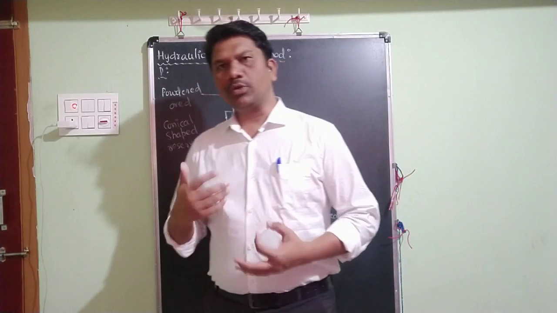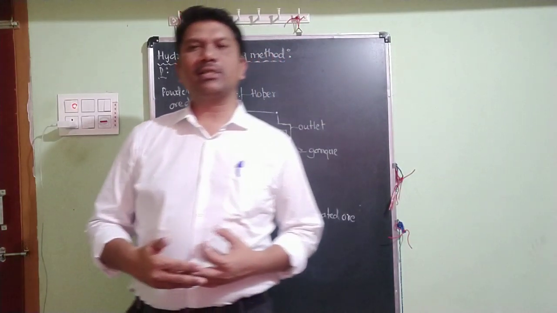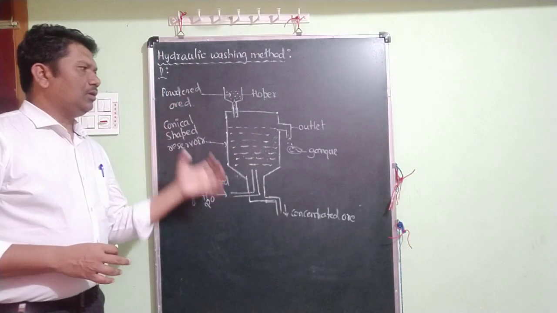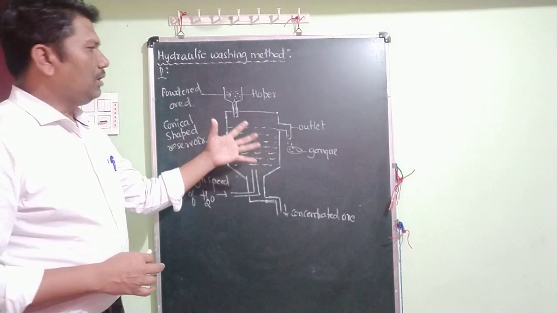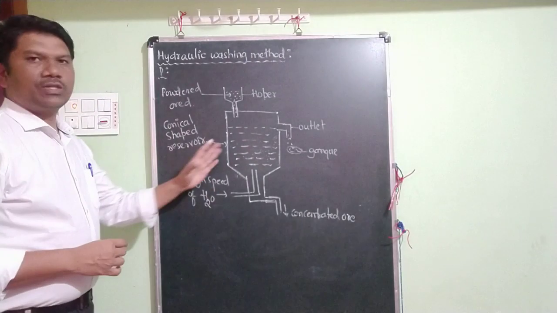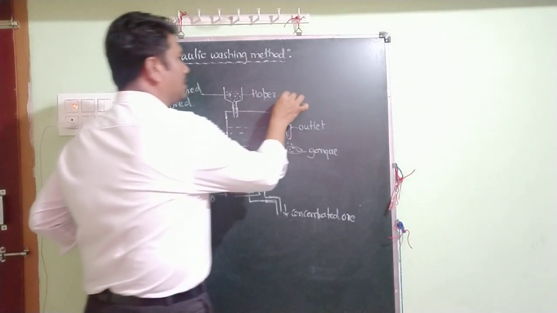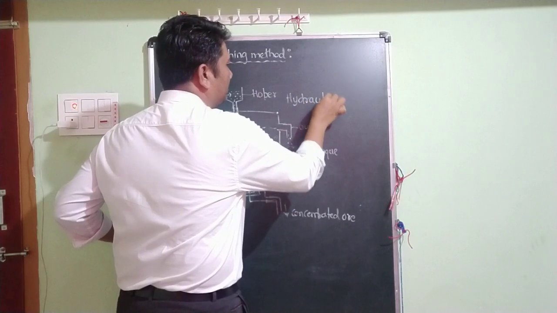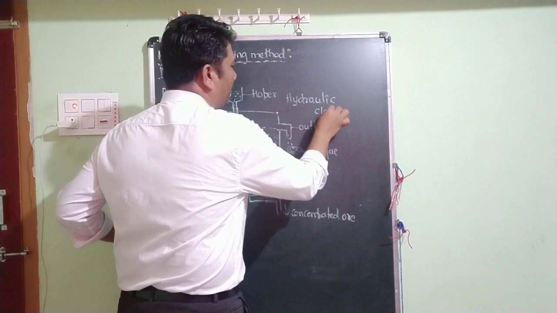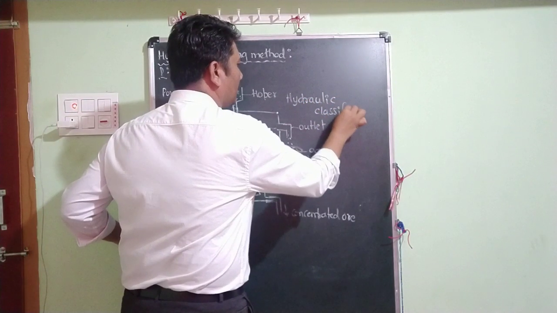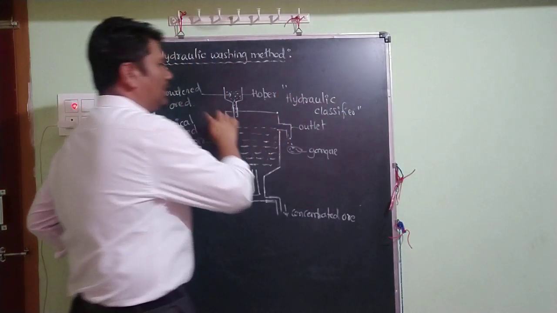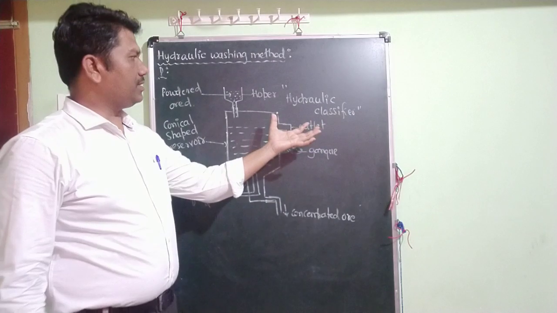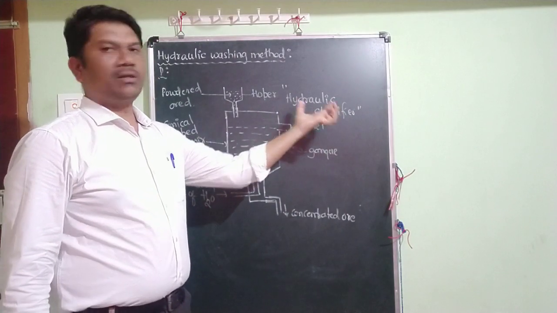Now what is the process involved in this hydraulic washing method? See here I have drawn one instrument, or you can call it a device, and it is called a hydraulic classifier. Classifier means it is a separator.